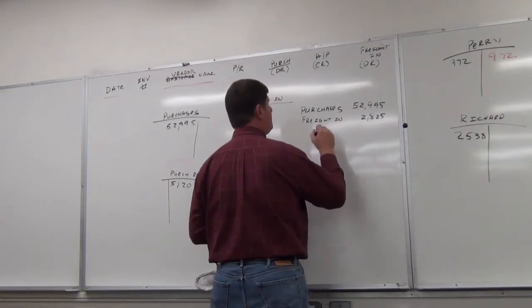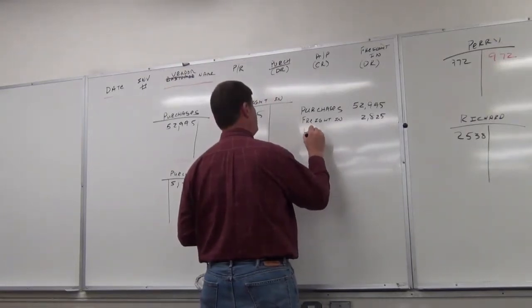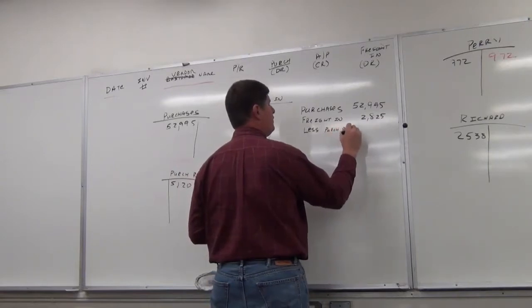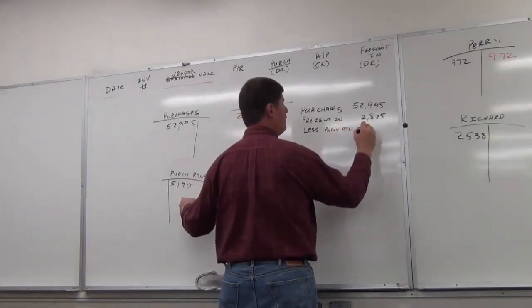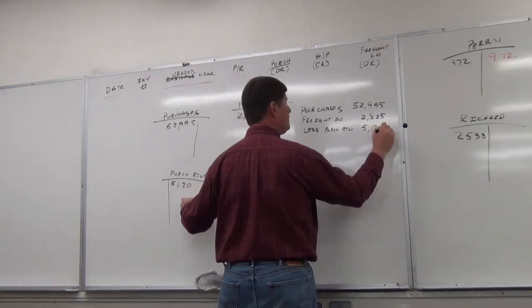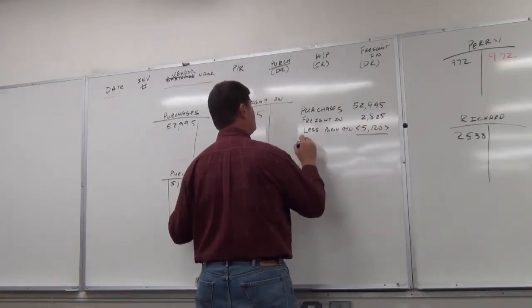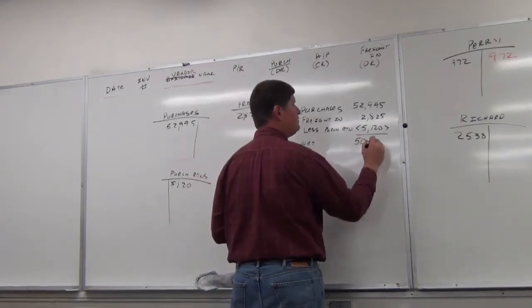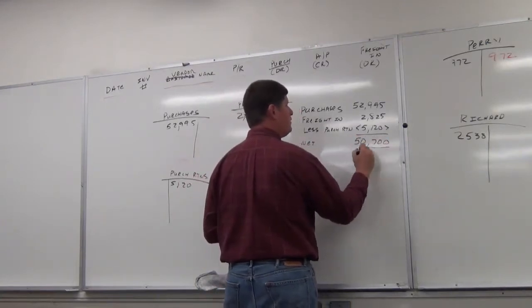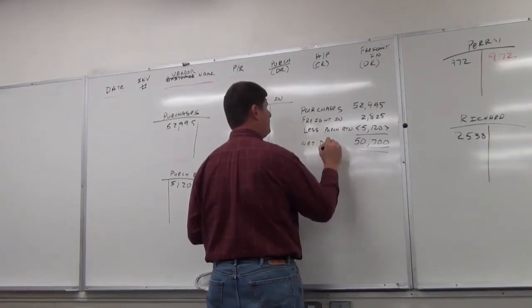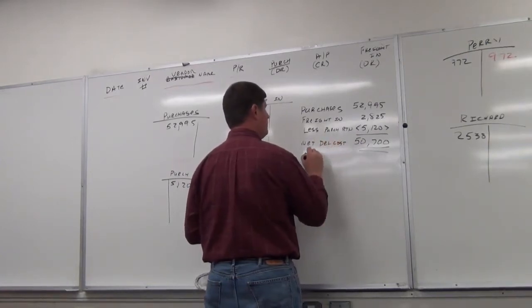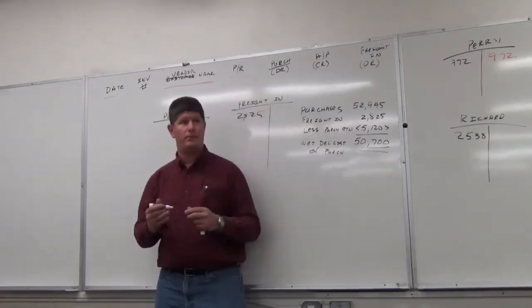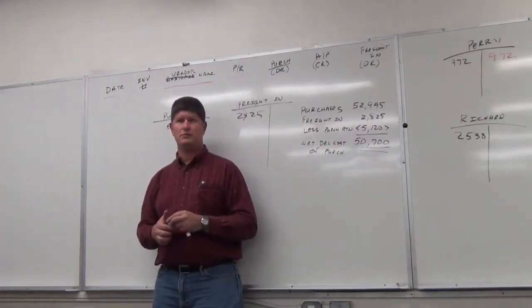Less purchase returns of 5,120. Gives me 50,700 net delivered cost of purchases. Correct? Questions?